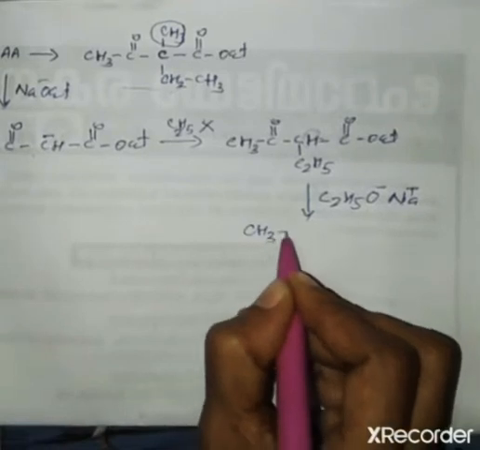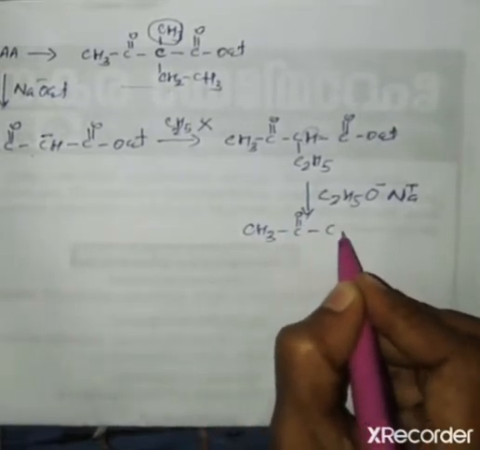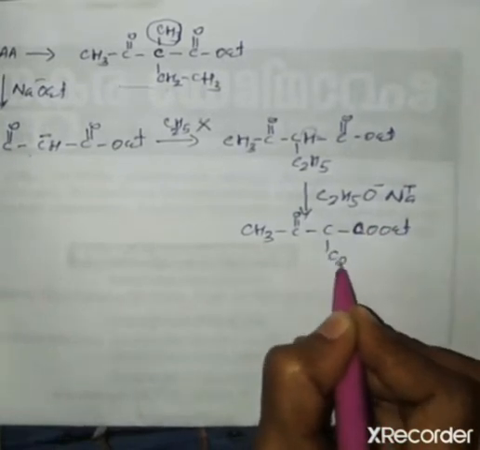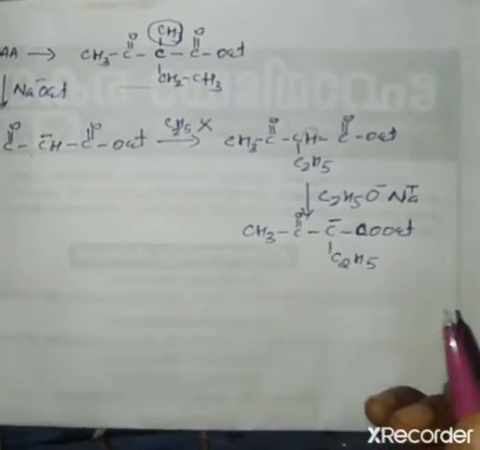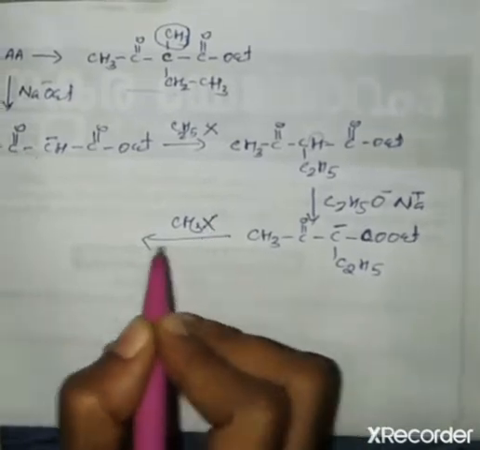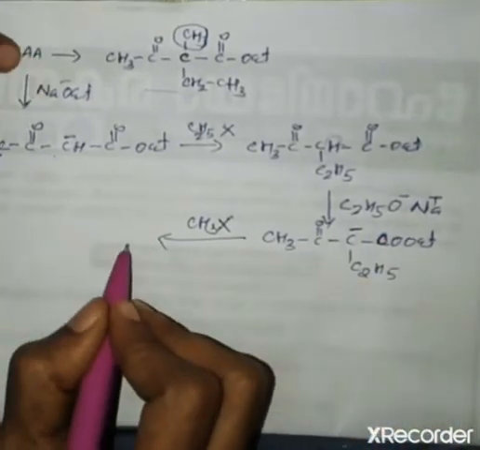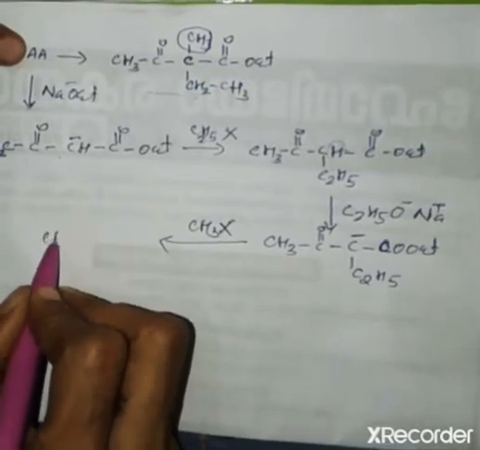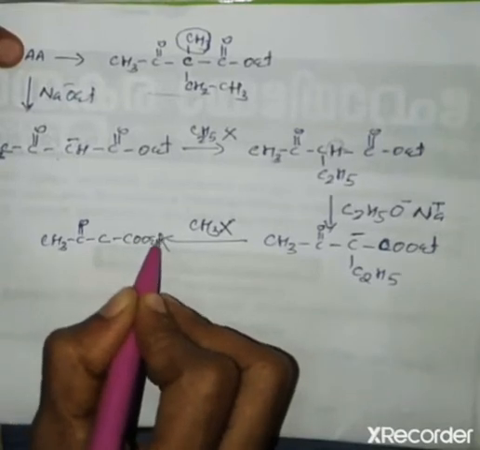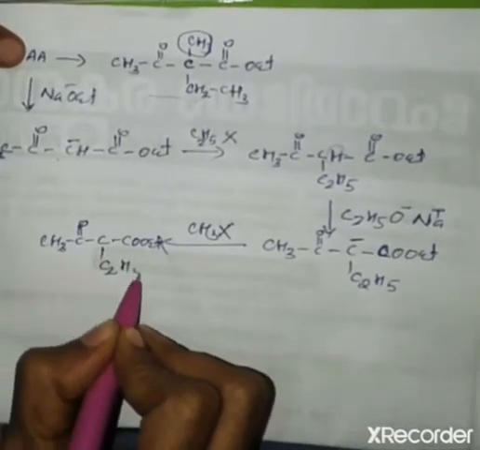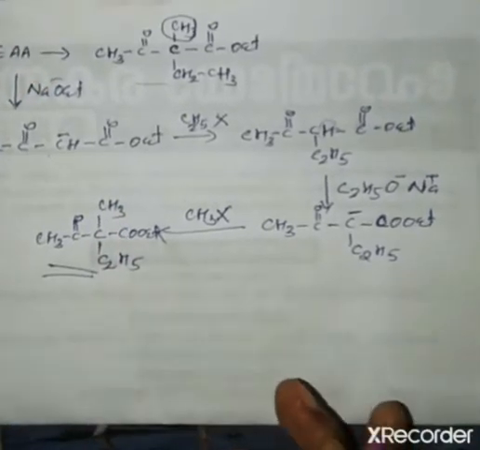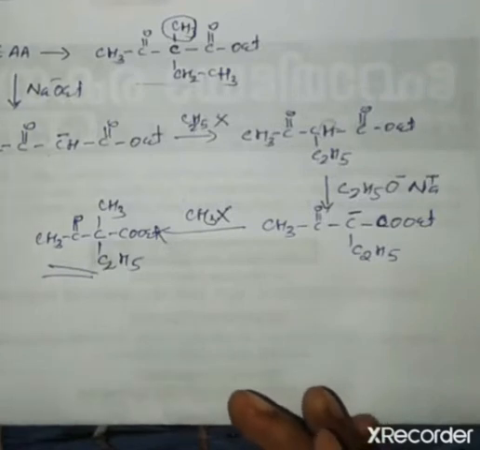We get CH3 C double bond O, C minus, COOEt, C2H5, with a negative charge, and then it is treated with CH3X, and we can get the product CH3, C double bond O, C, COOEt, C2H5, CH3. Okay, these are the steps involved in the synthesis of the alkyl derivatives.